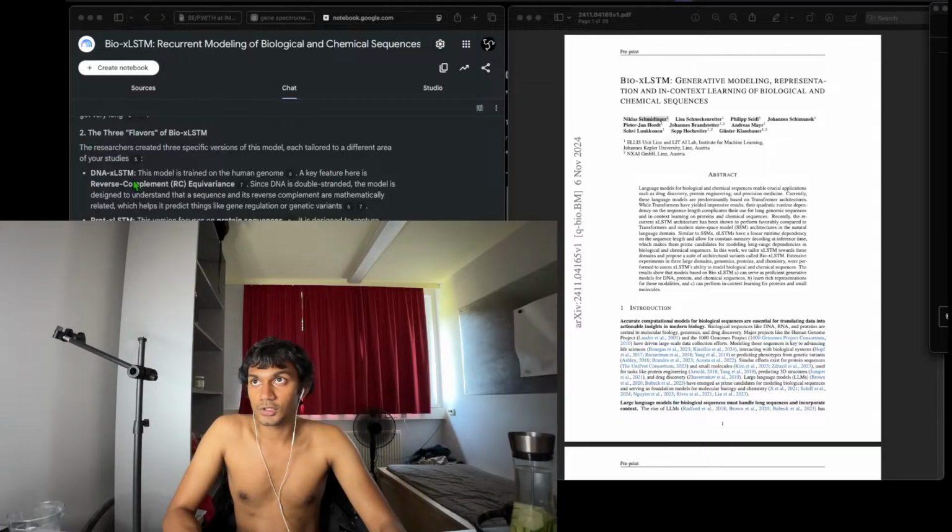A key feature here is reverse complement equivariance. Since DNA is double-stranded, the model is designed to understand that the sequence and its reverse complement are mathematically related, which means it predicts things like gene regulation or gene variants.